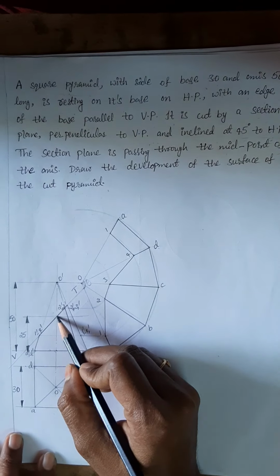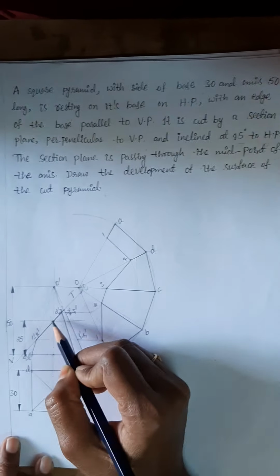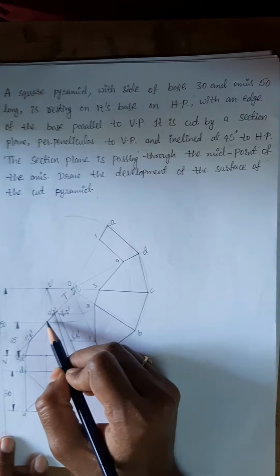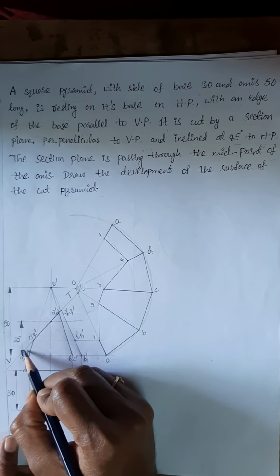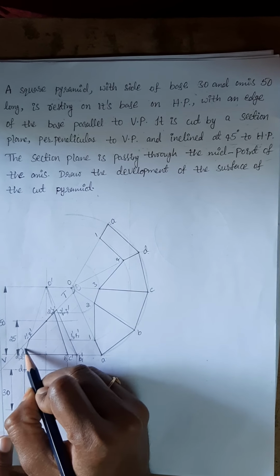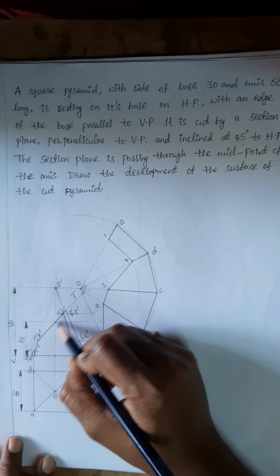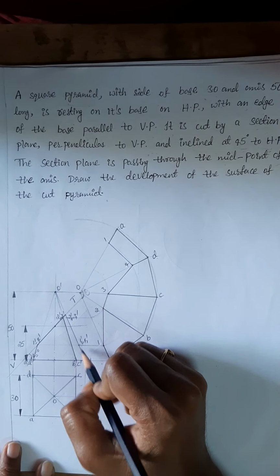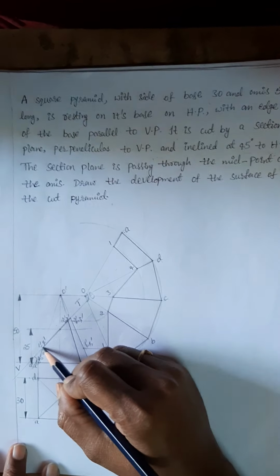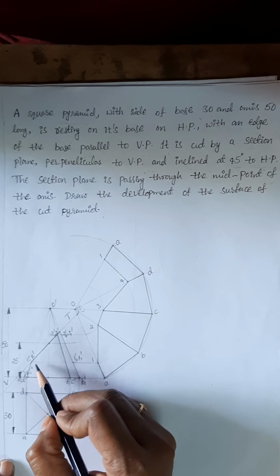Take the protractor and place it at the middle point of the line and take 45 degrees inclination, and it cuts the pyramid. Then dot the lower part of the pyramid, this part, right?